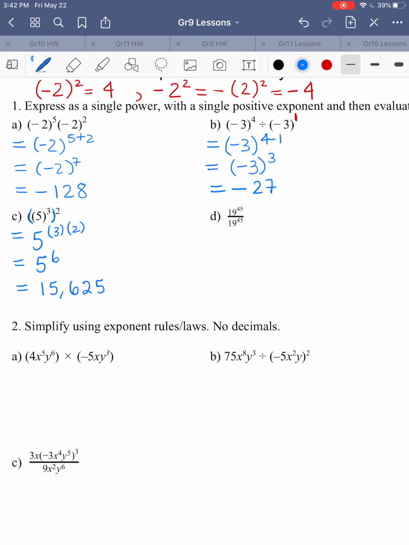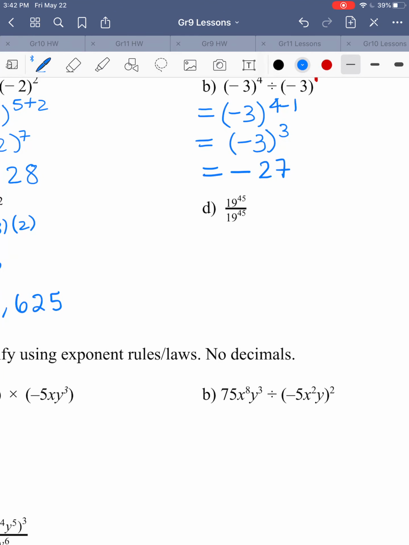Now for part D, we have another division question. We have 19 to the power of 45 divided by 19 to the power of 45. So we're going to be subtracting the exponents again. We're doing top exponent minus bottom exponent. So we have 19 to the power of 45 minus 45. They're the same in this case. That's going to give us 19 to the power of 0.